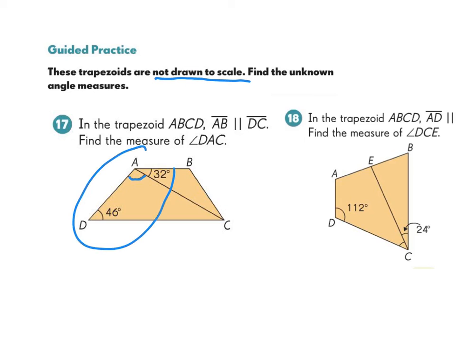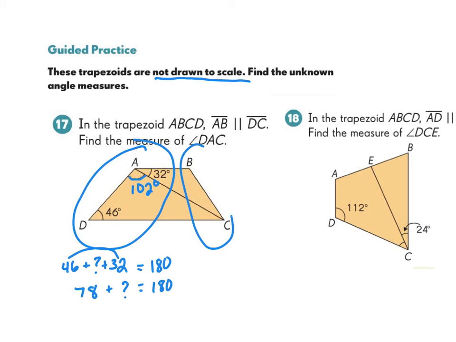So we know that those two angles equal 180. So we know 46 plus the question mark plus 32 equal 180. Let's see, that's 78. I can do the rest of that in my head. How about 102? That's 102. And we don't have enough information to do those.